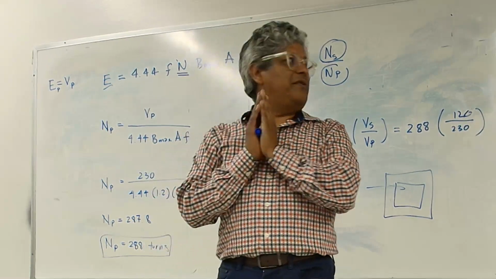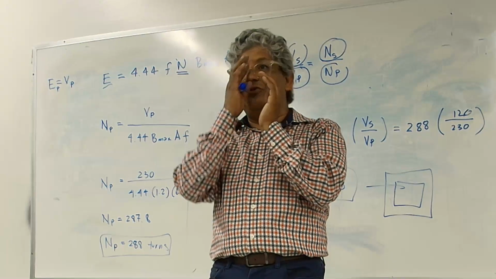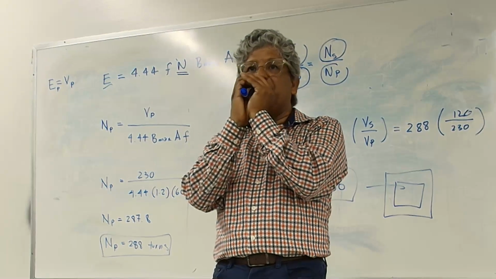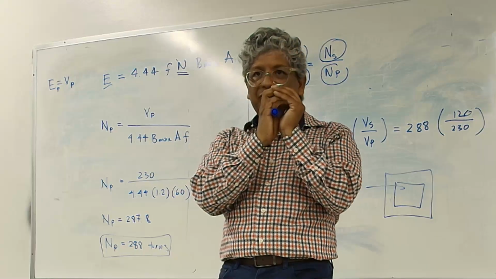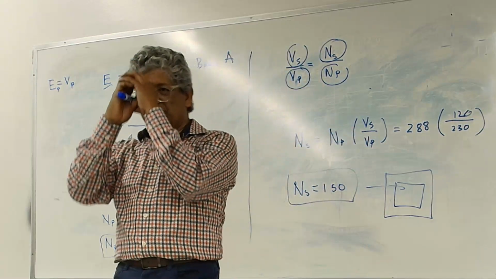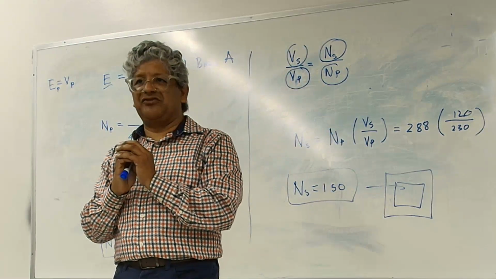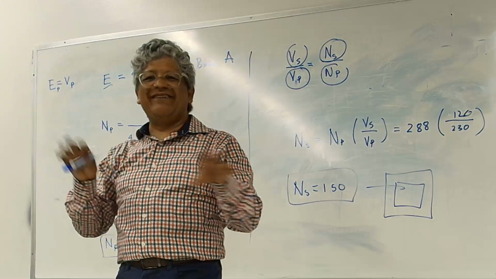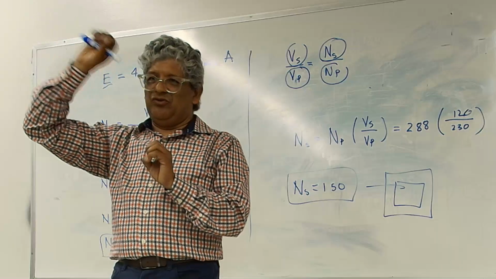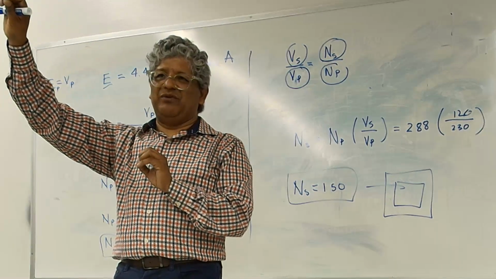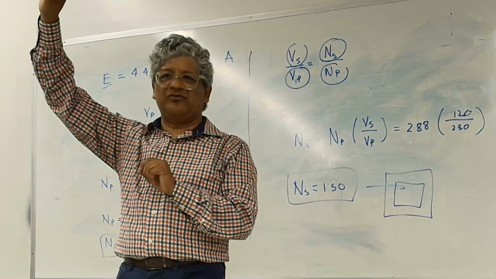So when you're designing a transformer, it can be designed for different applications. As an instrumentation transformer for protection, it's going to experience very high currents, even if it doesn't perform as well in steady state. I want it to do its best when the current increases and goes very high.